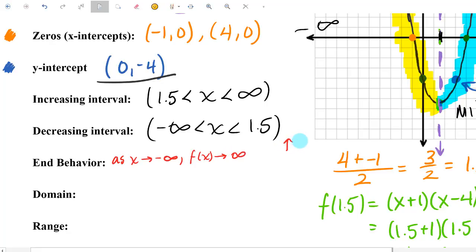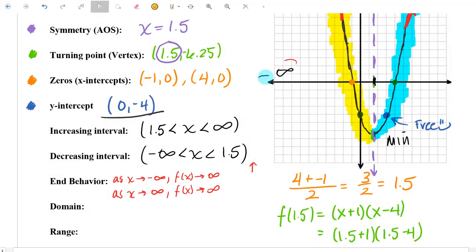Our arrows were going up, so the y values are going up. So as x goes to positive infinity, which means to the right, f of x is also going up to positive infinity. All right, so we got our end behavior tallied.